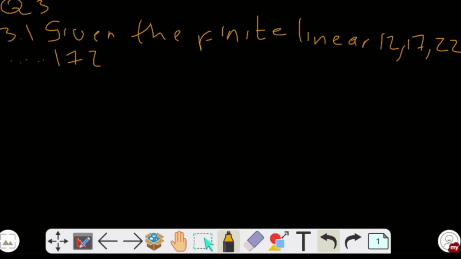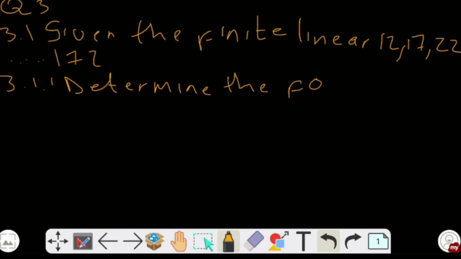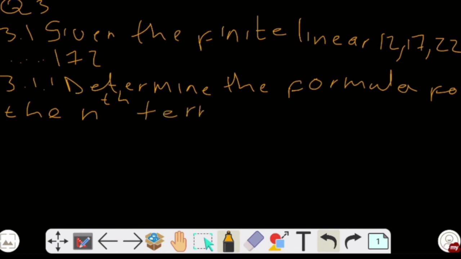Now the question, which is 3.1.1, says determine the formula for the nth term of the pattern.